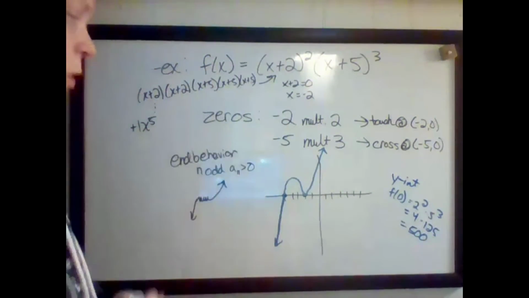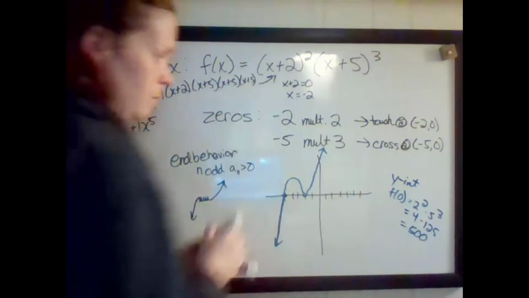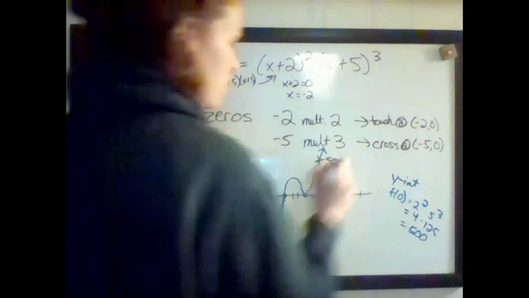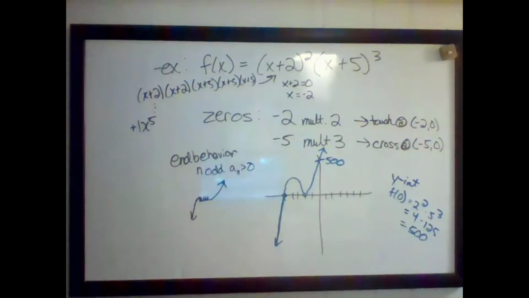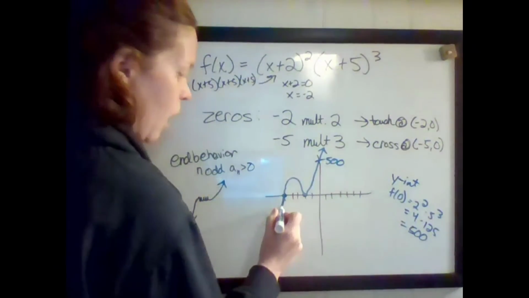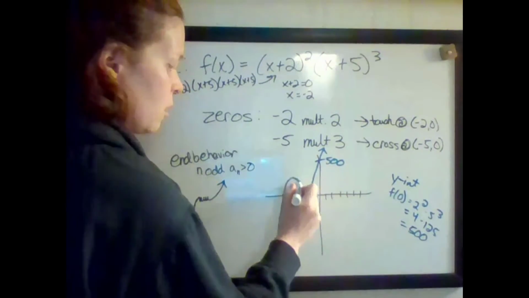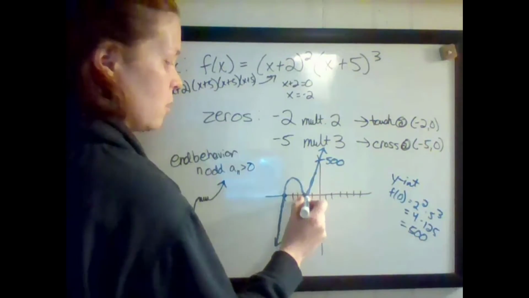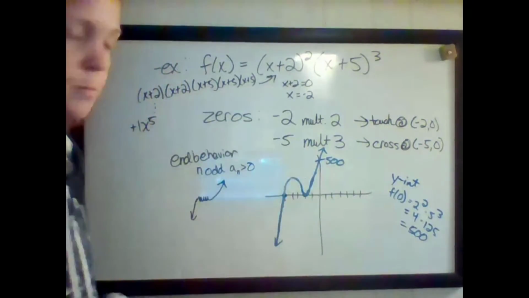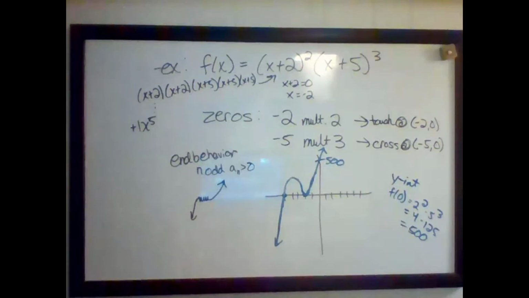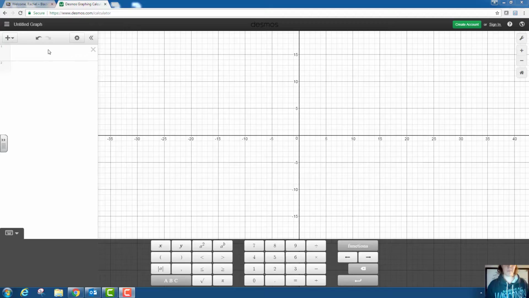Right? So it's way up high, but it's not to scale. 500 way up here. So odd multiplicity cross, even, it's going to bounce, hit at negative 2, bounce back up. That's what it means that it's touching or it's tangent.